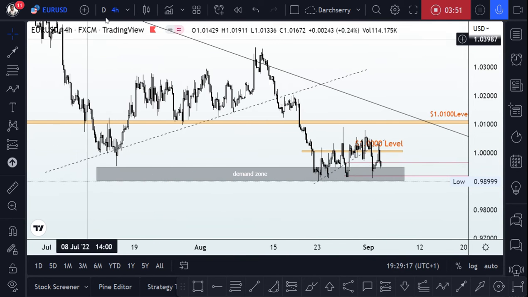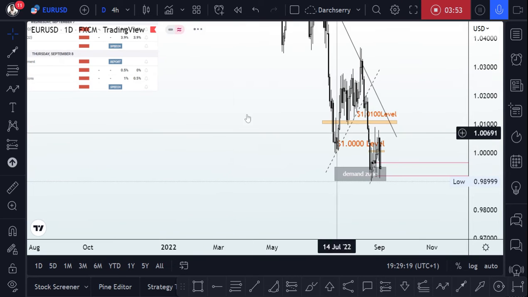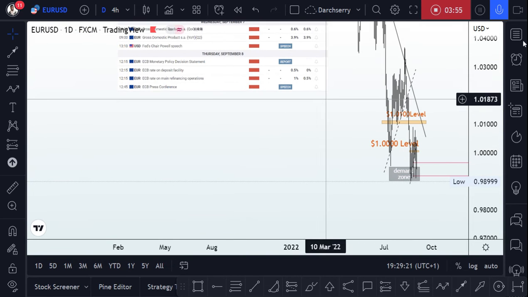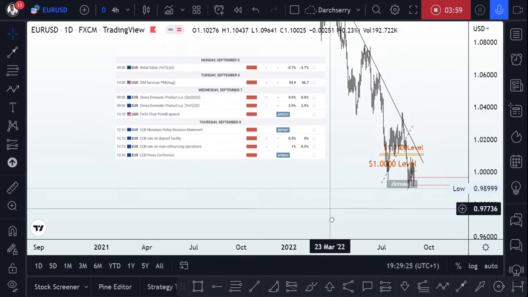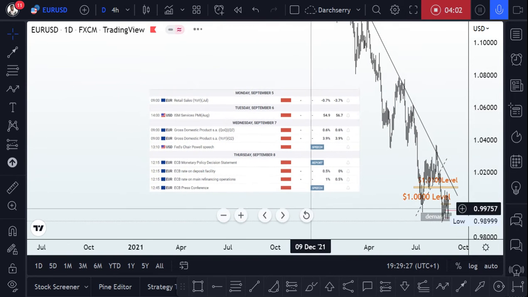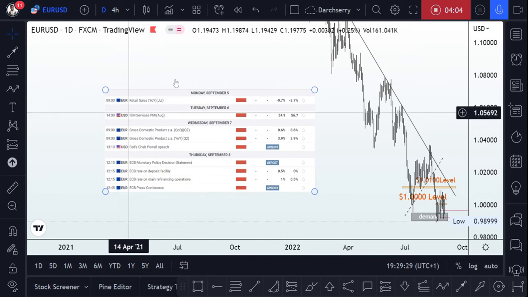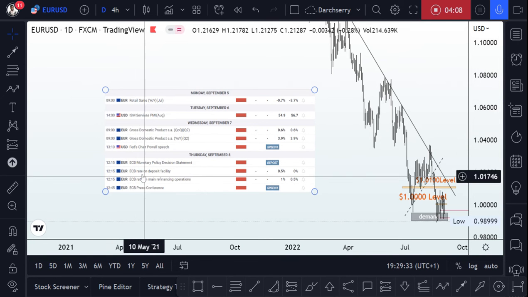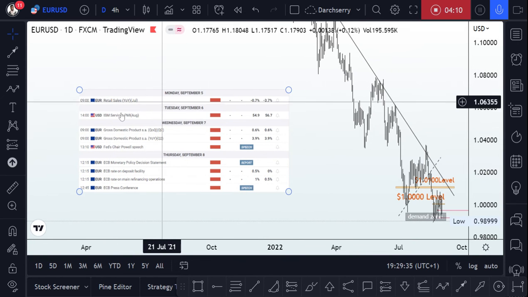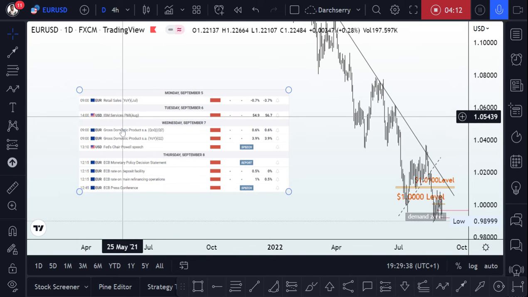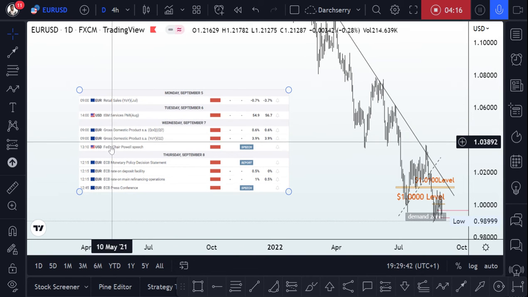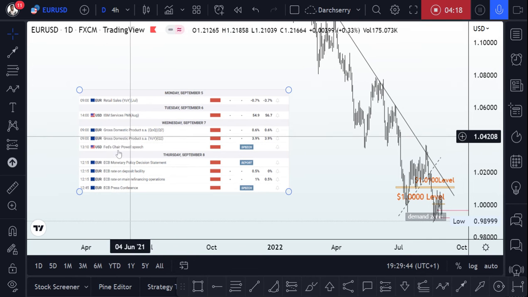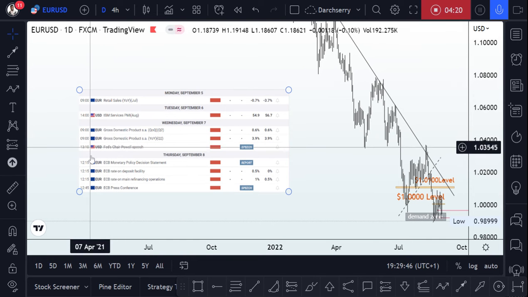But I would like to share with you what I saw on the economic calendar, which I think will have a major impact on how price is going to move this week. I pulled out the economic events for this week for the euro and the USD. On Monday we have the retail sales. Then on Tuesday we have the services data for the USD, and we have the gross domestic product on Wednesday for the euro.